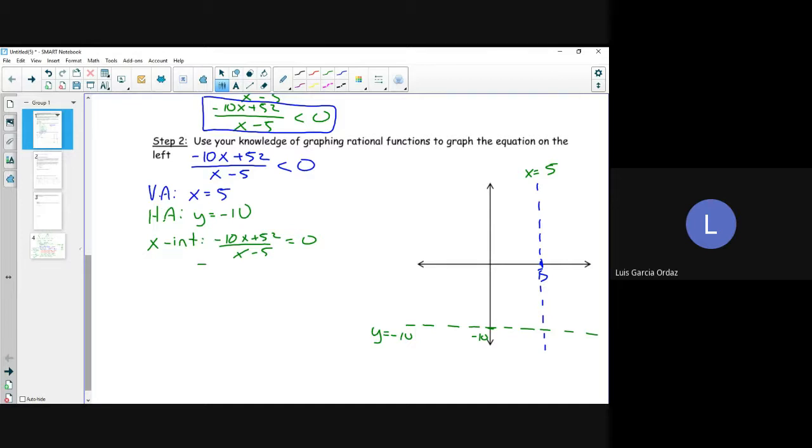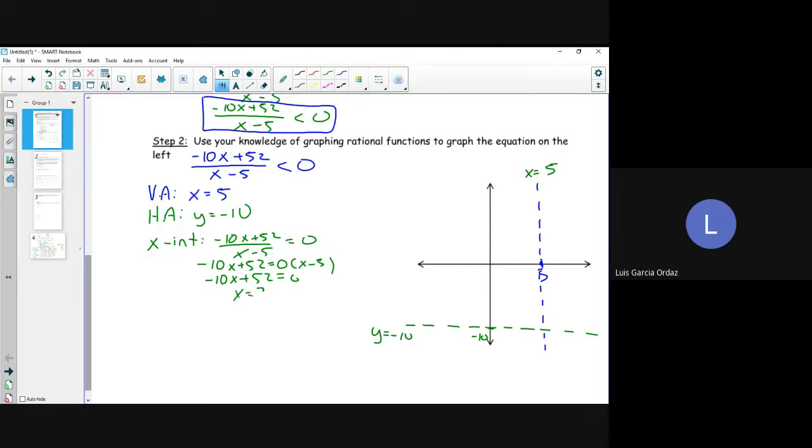So we get negative 10x plus 52 is equal to 0 times x minus 5, and we know anything times 0 gives us 0. Joseph says 26 over 5. It is 26 over 5.